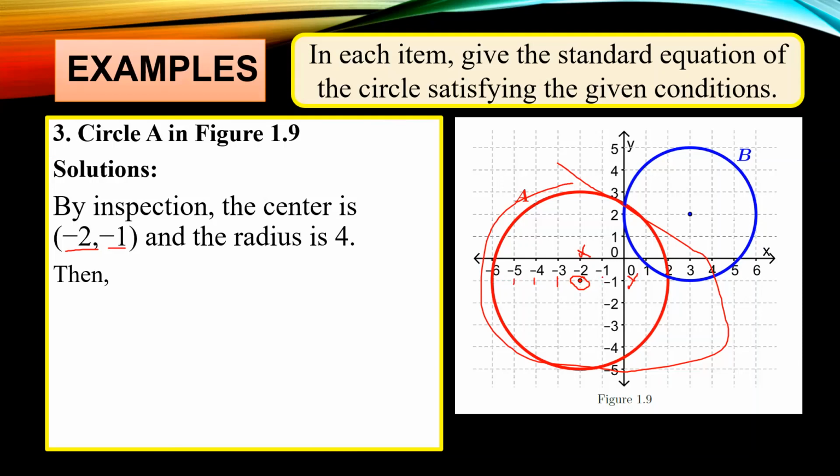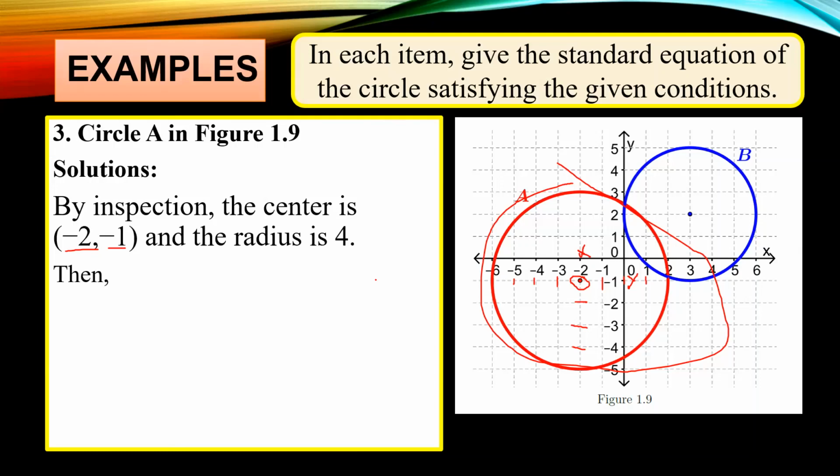We will verify it from this side. Also, 1, 2, 3, 4. So that is 4. Therefore, the radius is 4. And even from the center going here, 1, 2, 3, 4. So again, the radius is 4.